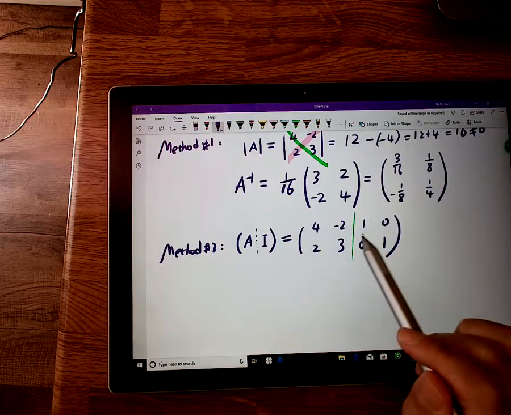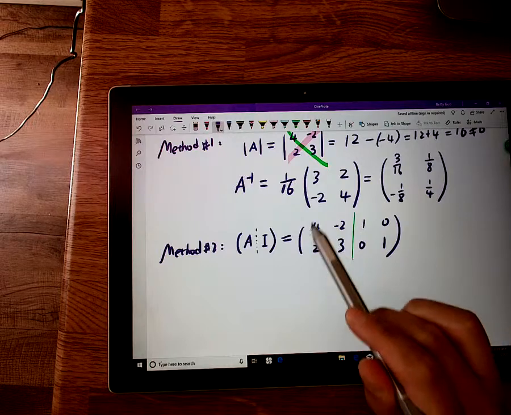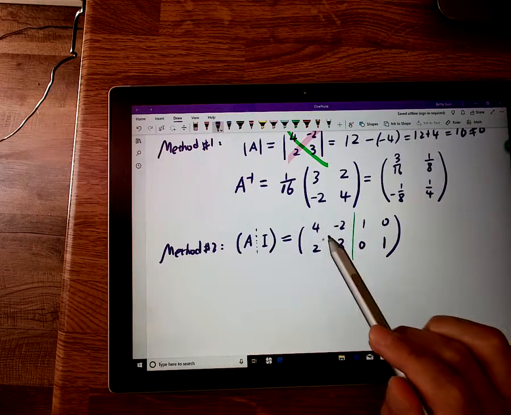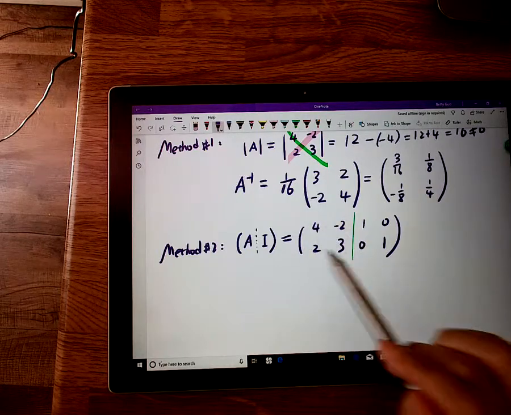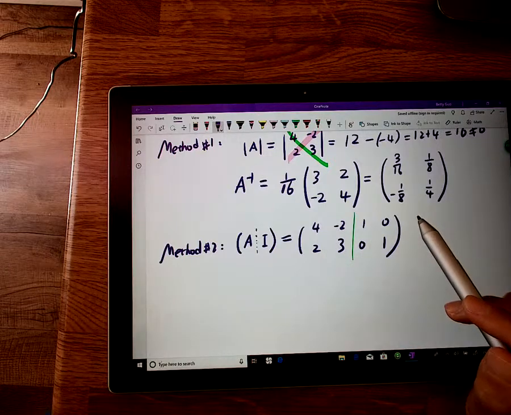Okay, so we are going to apply the row operation such that we could change this part as identity, means 1, 0, 0, 1. Let's see how could we do that.